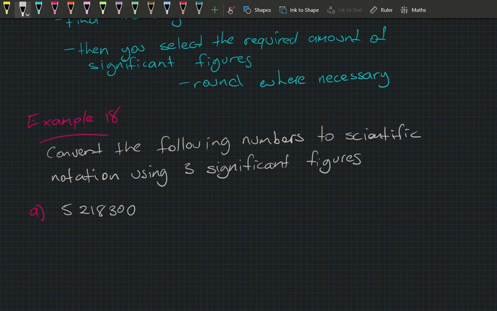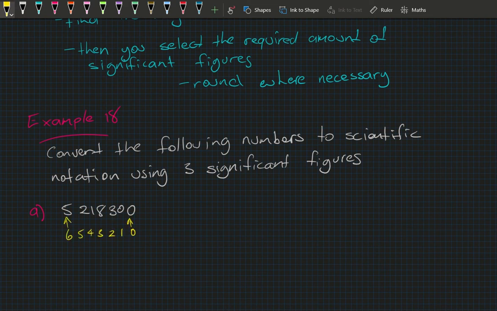5,218,300 or 5218300. If I write the magnitude of the powers of 10 to each digit underneath them, it'll make it clear what we need to put as our power. Because we have positive numbers here, the first one starts with a 0, and then we have 1, 2, 3, 4, 5, and 6.